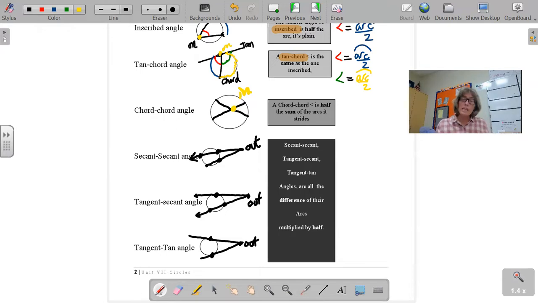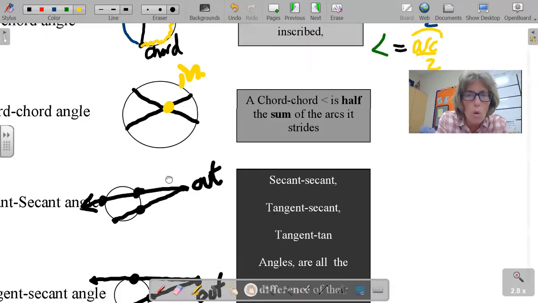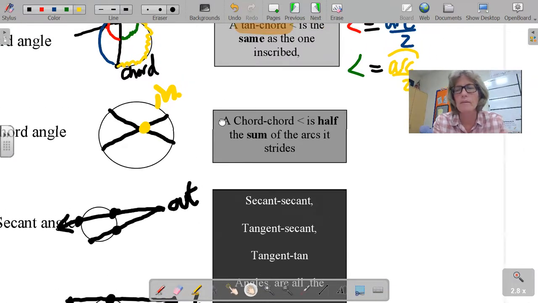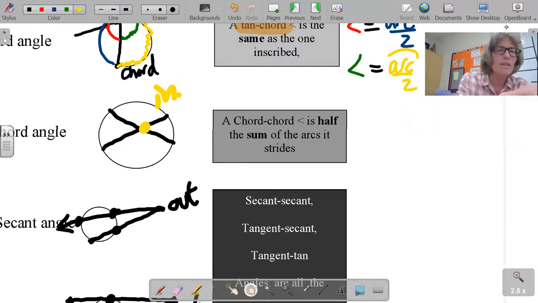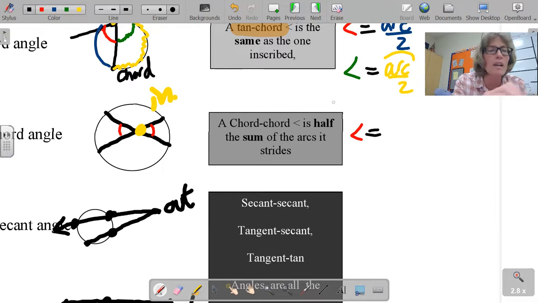So what are these 4 equations? For a chord, both these angles are going to be exactly the same because they're vertical. So we have angle equals. To get either of those angles, you add the arcs. It's straddling. You add them.